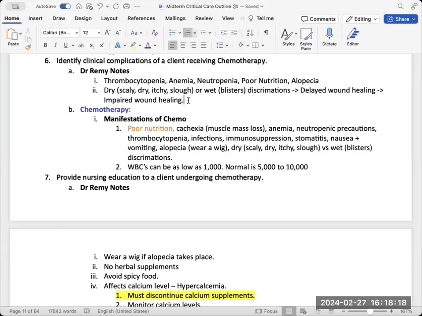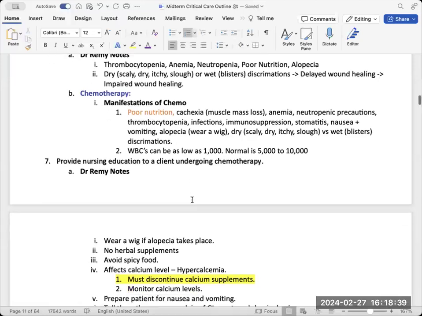Like myelosuppression. So we have to watch out for thrombocytopenia, neutropenia, anemia. They have poor nutrition. They have cachexia or muscle mass loss, right? They're also going to have, we said, stomatitis, alopecia, nausea, vomiting, all of those things. And so we need to watch out for all of those things and treat them.